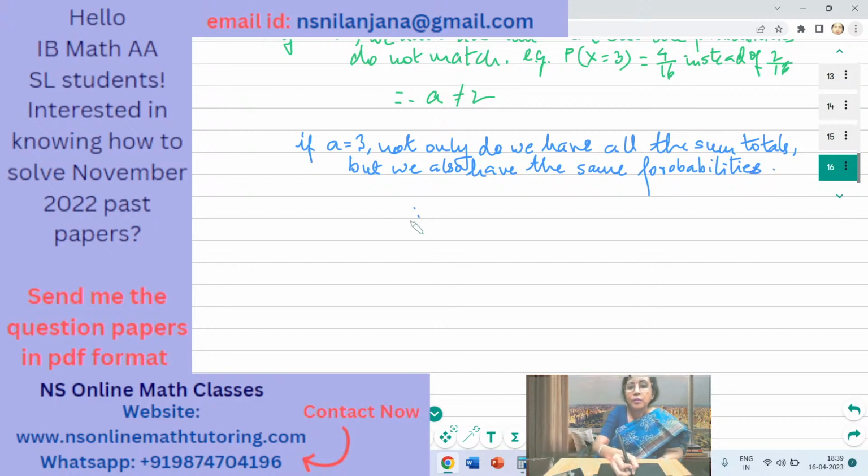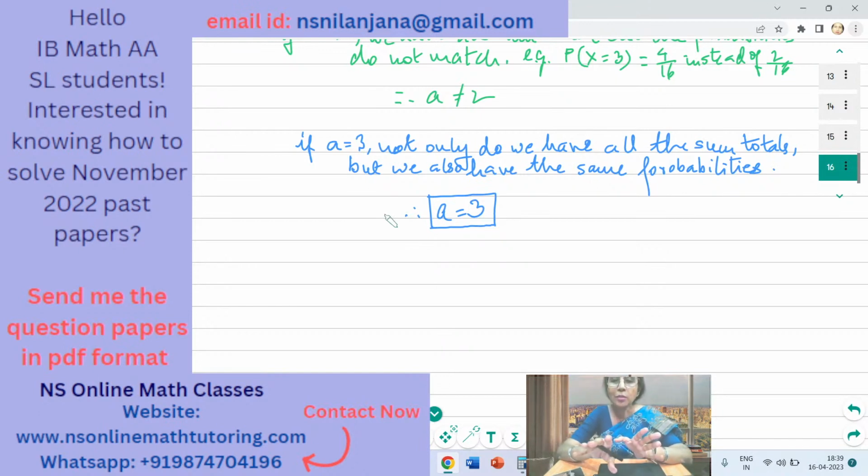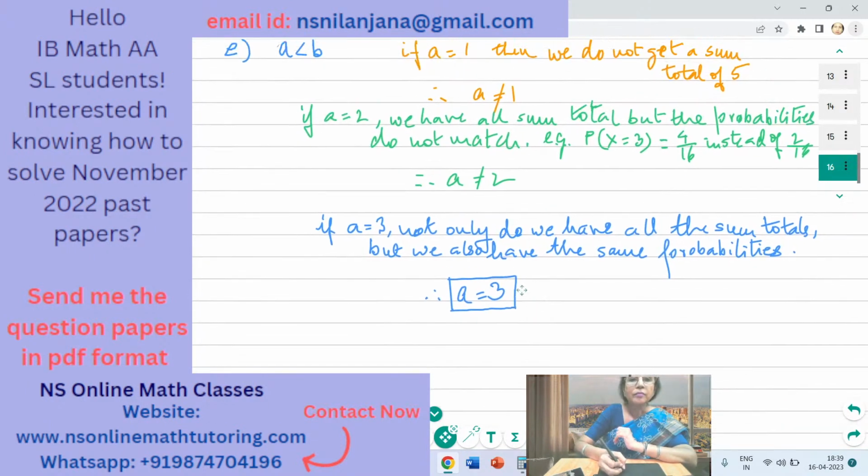Therefore, A is less than B. Taking A as 3, we are having all the sum totals 2, 3, 4, 5, 6, 7, and 8. And not only that, we are also having the same probability as before. So A's value is equal to 3.